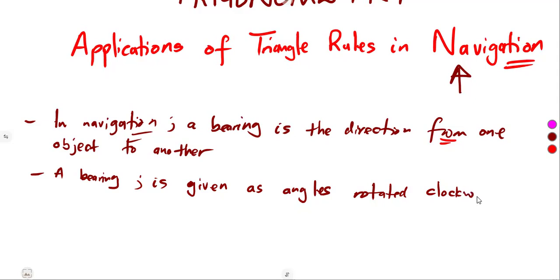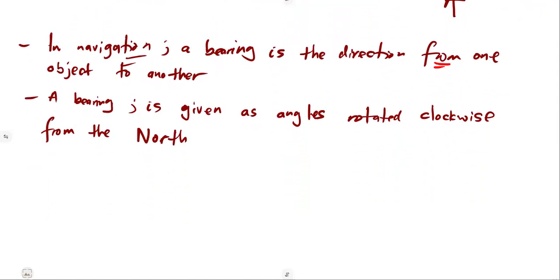So it must be rotated clockwise from the north. So the question is, what type of bearing is this one, where angles are always rotated clockwise, and not only that, from the North Pole?